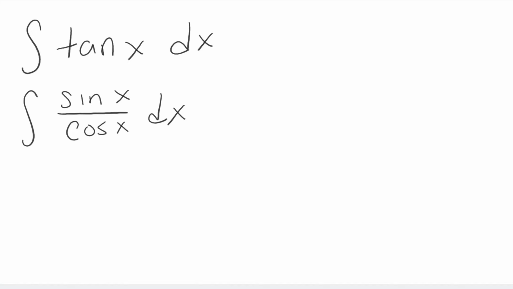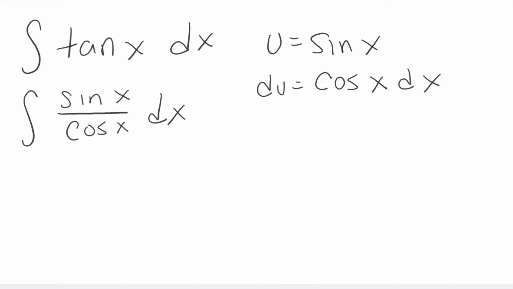Sine of x. Okay. Believe it or not, it doesn't matter. So u is sine of x. So du is cosine of x dx. Do we have cosine of x dx? Oh, I forgot, you guys don't have the other stuff to be able to do this problem this way.